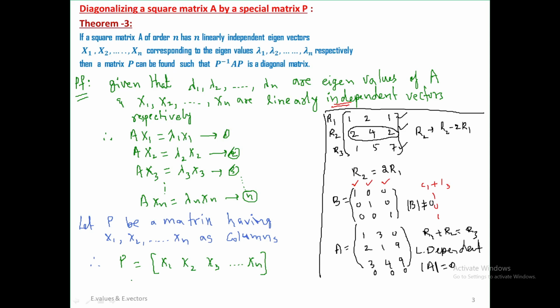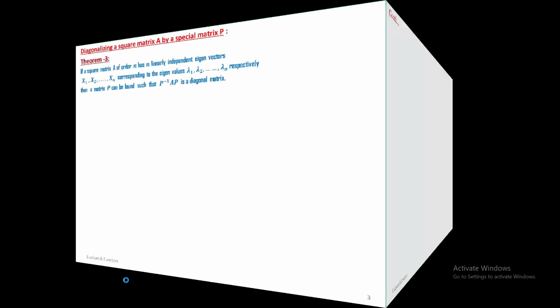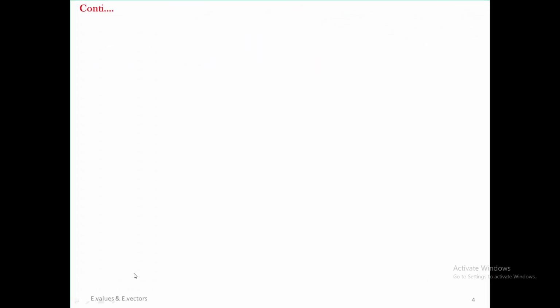This is my matrix P. I'm defining it like that. Why I am defining it like this, we will understand soon. Next step, let us find the value of A into P. I want to calculate A into P. What happens?